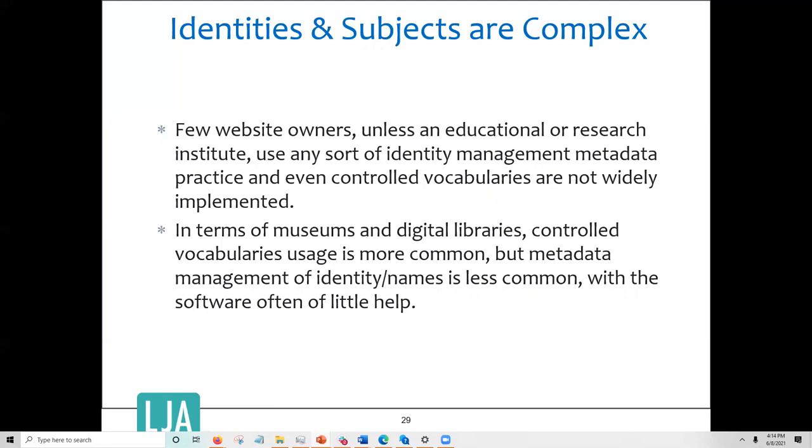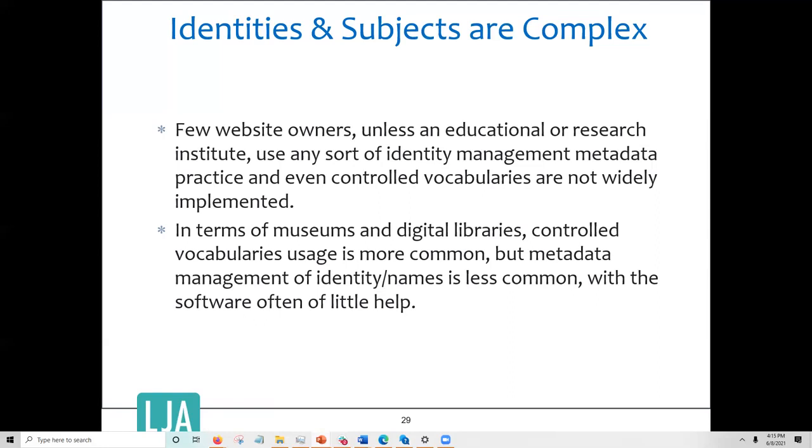There are some communities still pushing controlled vocabularies, which is great, but it's not something we see adopted across the web as a whole. Maybe Amazon is doing something, but if you're reading a blog from someone, because anyone in theory can still publish on the internet, then they may not be doing anything with a controlled vocabulary.